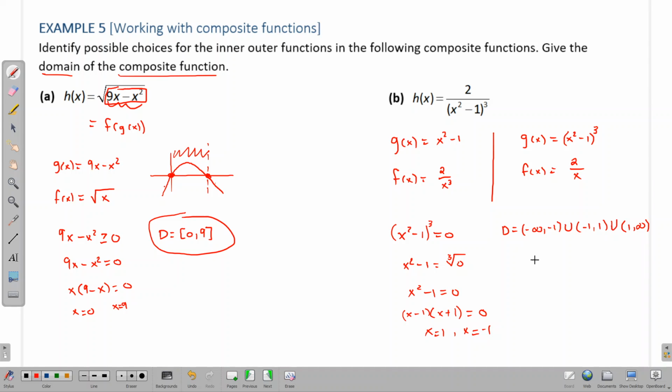This is going to be the preferred way that you write this, but there may be examples where they have you do set builder, which is actually shorter for this one. So the set of all x such that x is not equal to negative 1 and x is not equal to positive 1. So either of those are satisfactory.